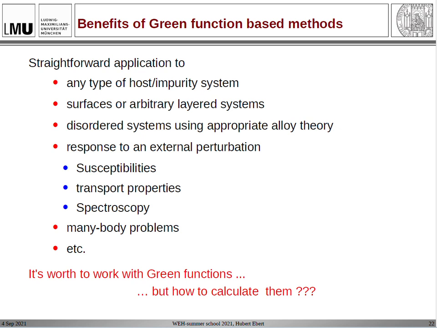Very important, and you will hear also a contribution on that, is its use in the context of linear response, susceptibilities, transport properties, spectroscopy, of course, which is at the heart of this meeting, and not to forget many-body problems. So obviously it's worth working with Green's functions, but the problem is how to calculate them.